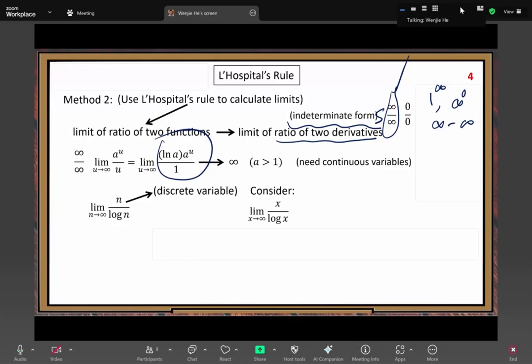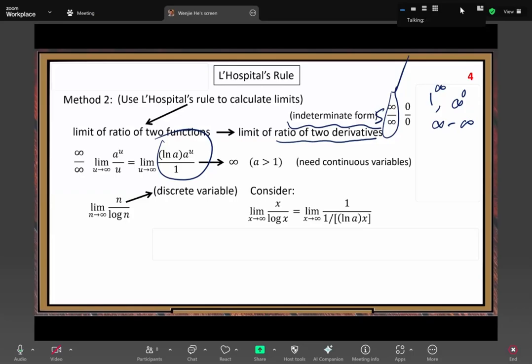So for that reason, we should do a conversion. We should convert the discrete variable to a continuous variable. So we convert n to x. Here, x is a continuous variable. It can take any real number.